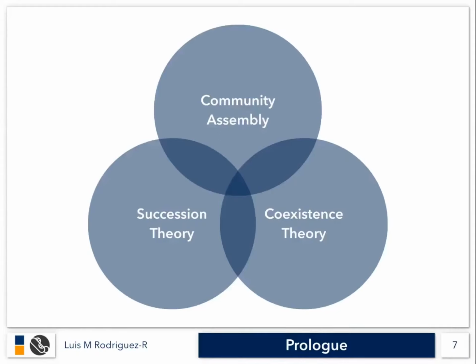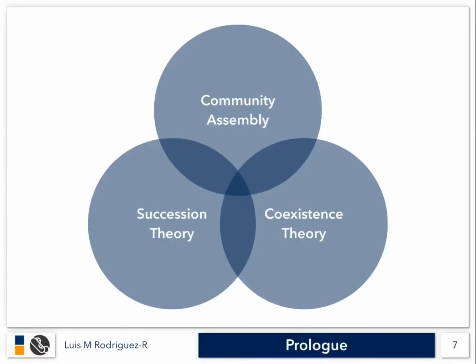And then the third component of this problem is coexistence theory, which is really the mathematical framework that evaluates how it is possible that different species coexist in the same ecosystem, in the same environment, given a small number of limiting factors.